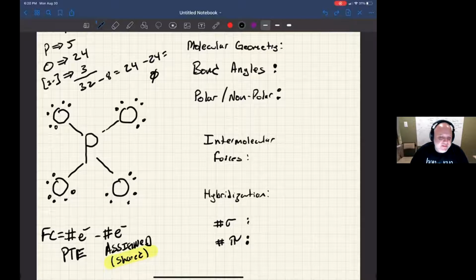Now, the idea is this: a valid Lewis structure that has the most formal charges equal to 0 is better than one that has more formal charges that aren't equal to 0. Usually we would want negative formal charges to be on the more electronegative atoms.